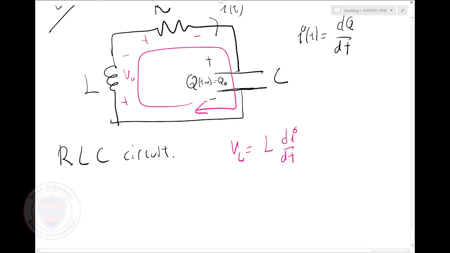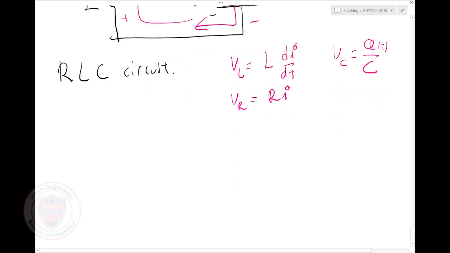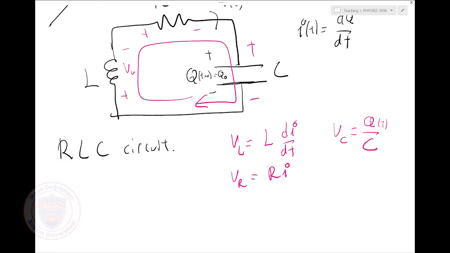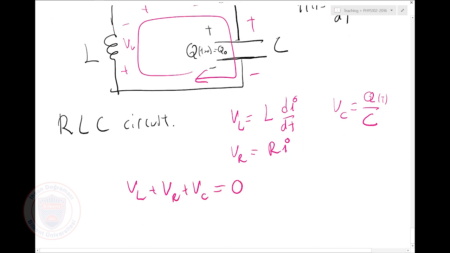Potential across the resistor will be R times I, and potential across the capacitor is, well, Q divided by C. I've given all of them my notation so that my loop goes in the same way. So VL plus VR plus VC is 0, the way I wrote things down.